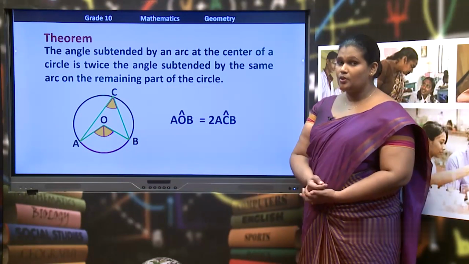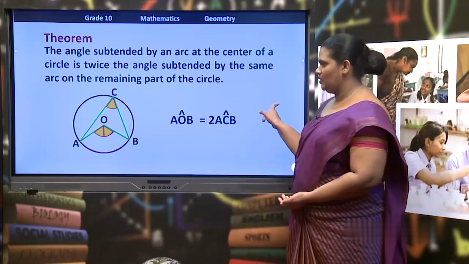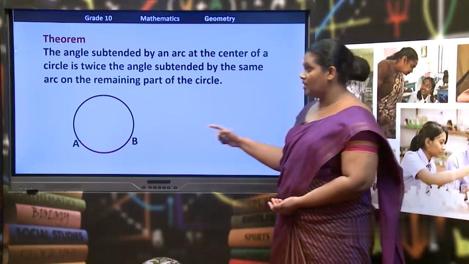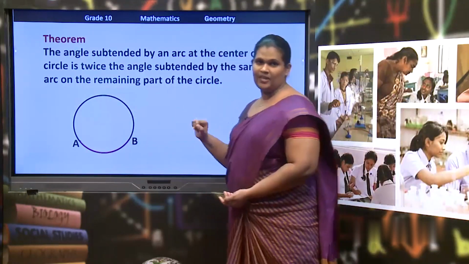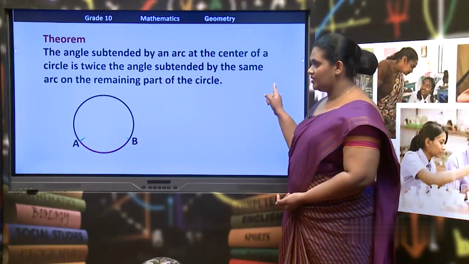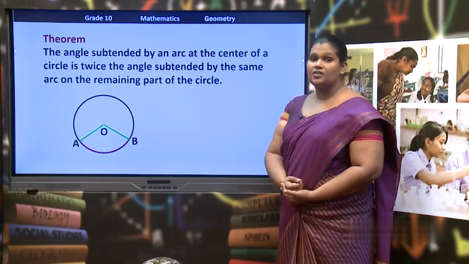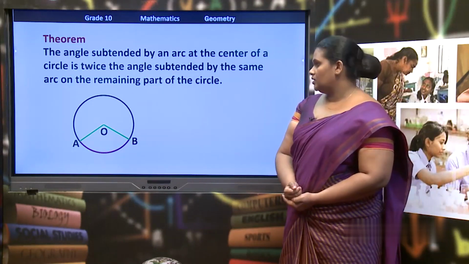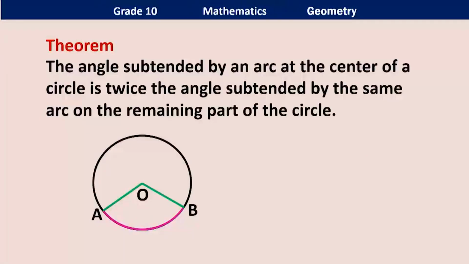In this occasion, we have considered the minor arc AB. Next, we will consider the major arc AB. This time, I am considering the major arc AB. What is the angle subtended at the center of the circle by the major arc AB? That is AOB reflex angle. This time the remaining part of the circle can be considered as the AB minor arc.